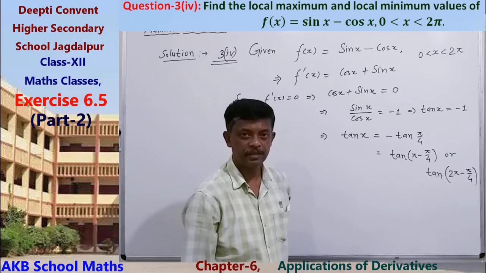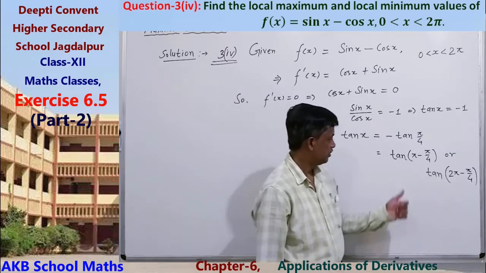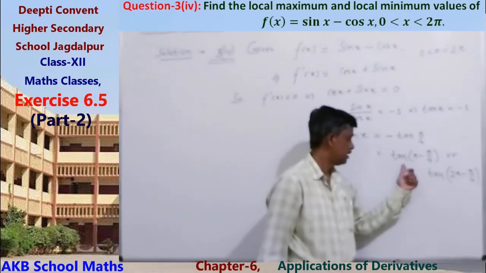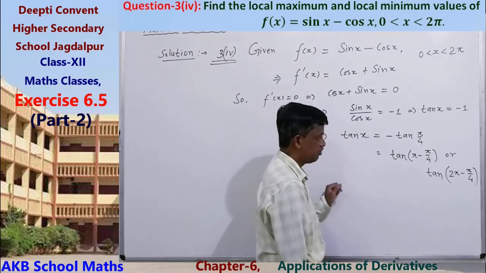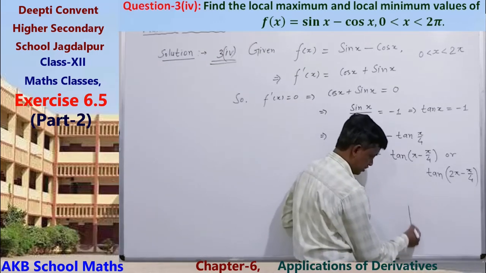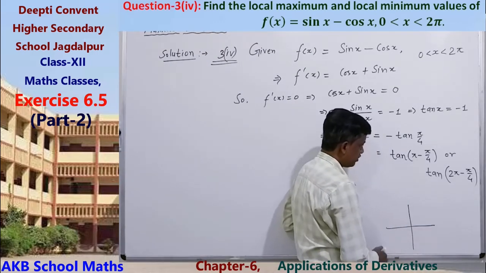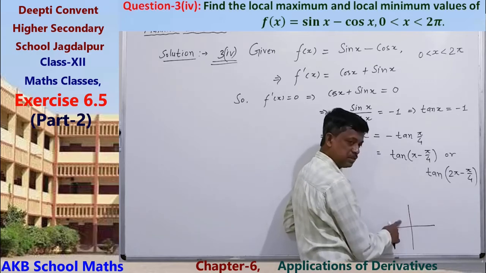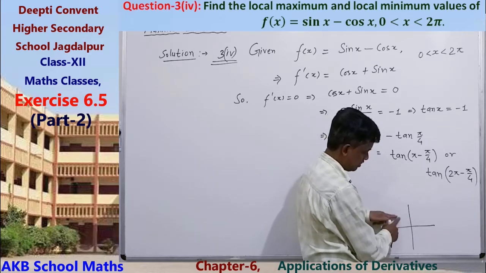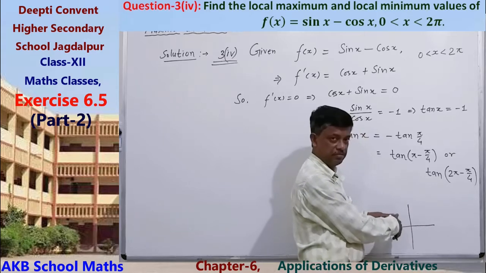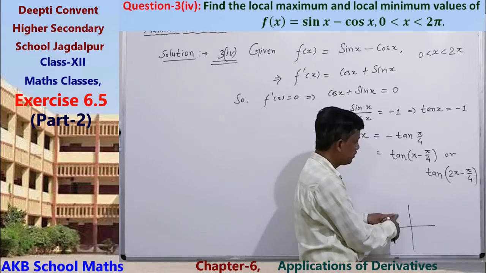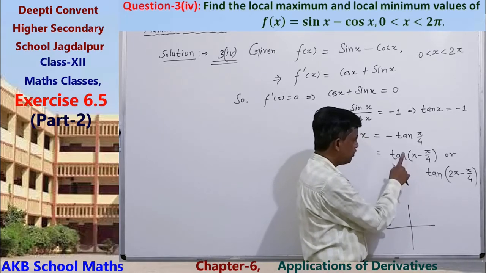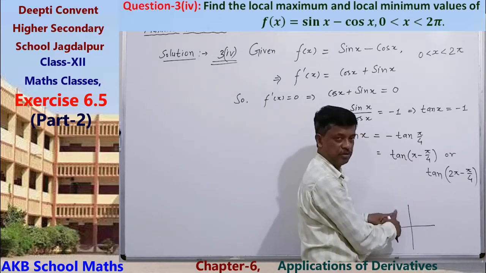Clear? This shows that, because tan of pi minus pi by 4 is negative here, this equals minus tan pi by 4.